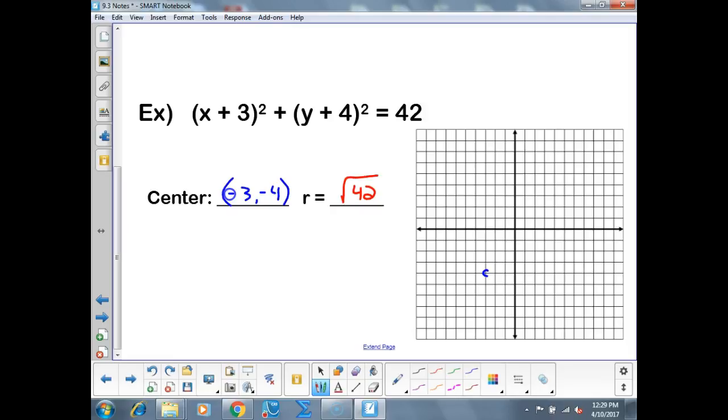Because that's the exact radius. Okay? So that means that I go 1, 2, 3, 4, 5, 6, and a little bit more.